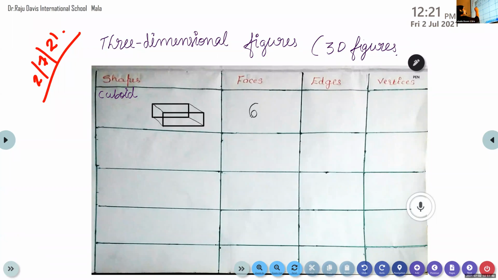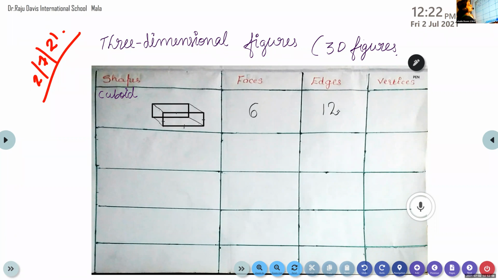Very good. See, 1, 2, 3, 4. Backside also 4 edges are there. So 4 plus 4, 8. Then 9, 10, 11, 12. So 12 edges. Clear?